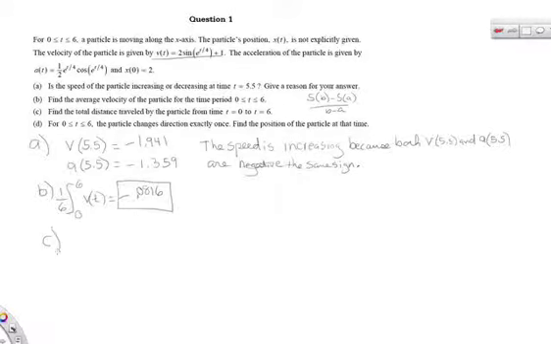Part C, find the total distance traveled by the particle. So the total distance is simply going to be integrating from 0 to 6, but this time I need to account for the positives and negatives and make them all positive. So the easy way to do that is to integrate from 0 to 6 of the absolute value of velocity. And so I'm going to go back and just do second enter, although at this point it might be easier just to retype it.